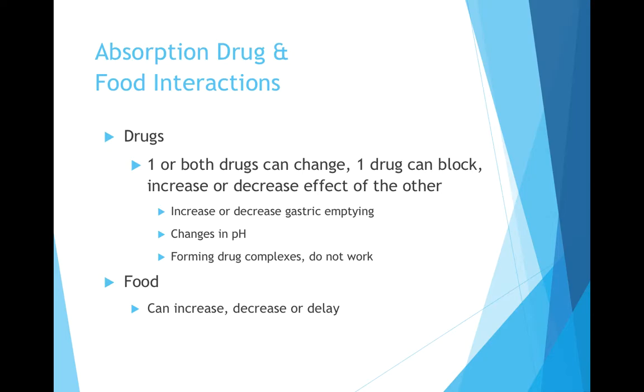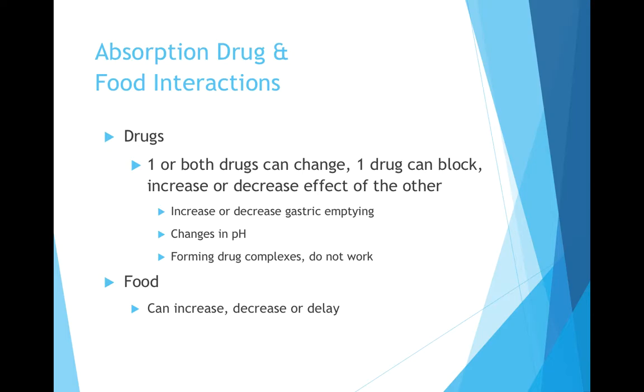What other things do we have to consider related to interactions and absorption? Well, we have to think about interactions with two different drugs. So when we think about absorption, we look at how the rates of absorption for one or both drugs can change if we're given multiple drugs, based on whether we have increased GI gastric emptying, if there's a change in pH, if certain drug complexes are formed that do not work in the body, anything that can impact one or the other of the compounds.